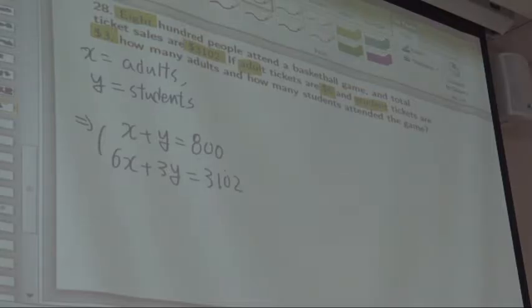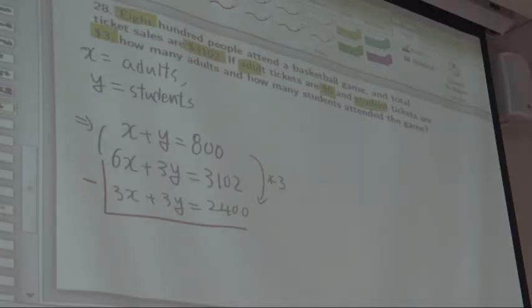Now we want to get x and y. We can use the elimination method. So let's multiply by 3, because I want to eliminate the y value. Then I get 3x plus 3y equals 2400. Then subtract, because this is a plus 3y and a plus 3y.